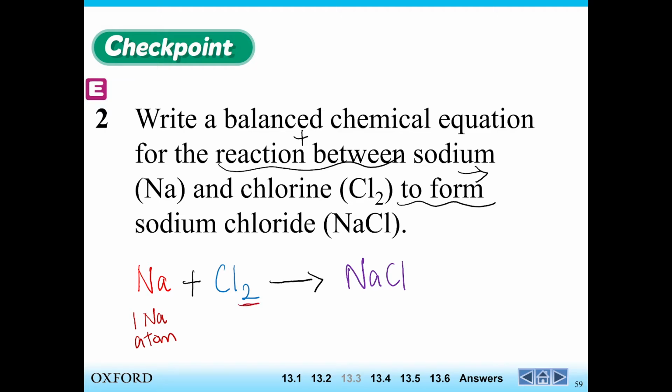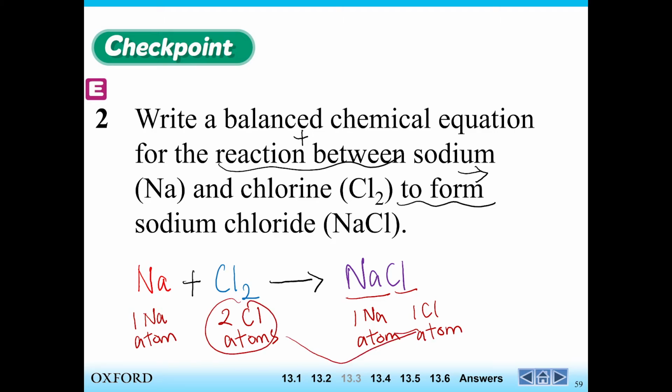Obviously you see there's a number 2. So there are 2 chlorine atoms on the left-hand side. How about on the right-hand side here? There's just one sodium atom, and also just one chlorine atom. So is this equation balanced? Obviously not, because you can see the number of chlorine atoms are not balanced.